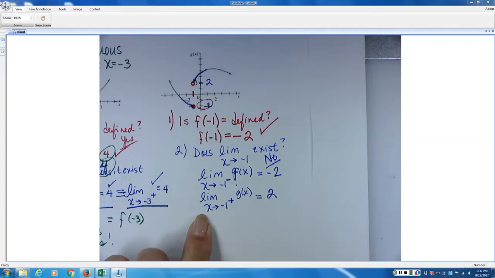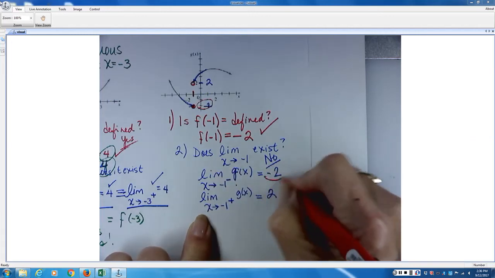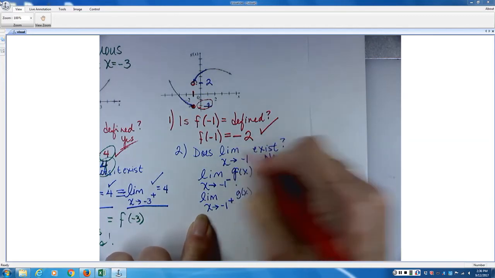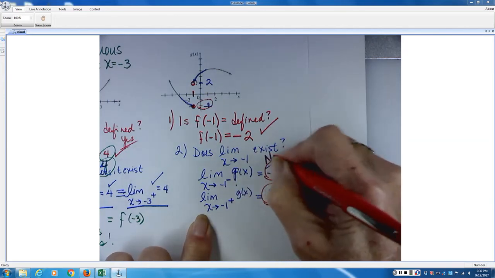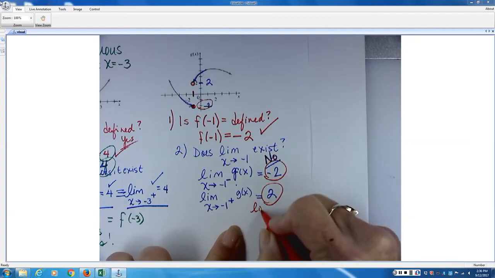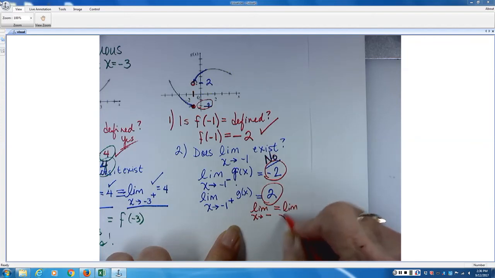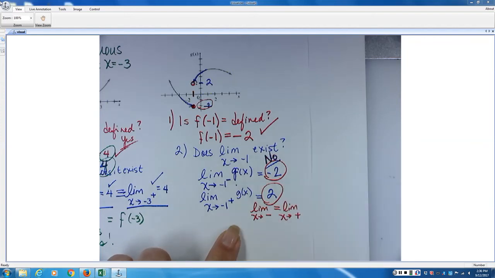But what does that mean about whether this limit exists? Does negative 2 equal positive 2? No. It doesn't exist because the limit as x approaches from the left does not equal the limit as x approaches from the right. Those two have to match. They have to come together. And they don't.